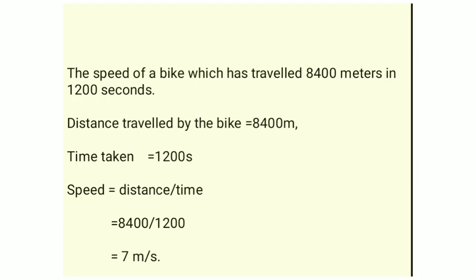So we have to calculate speed. What is the formula of speed? Speed is equal to distance divided by time. What is distance here? 8,400 meter and time taken 1,200 second. We will get the answer 7 meter per second.